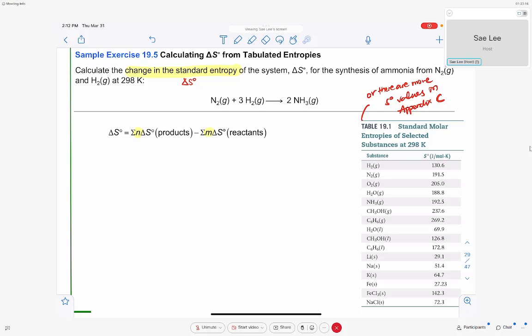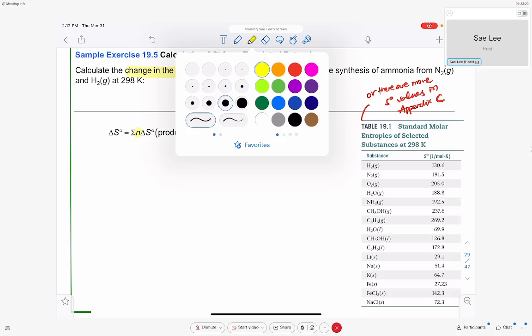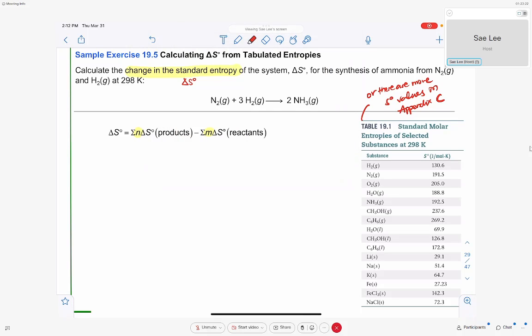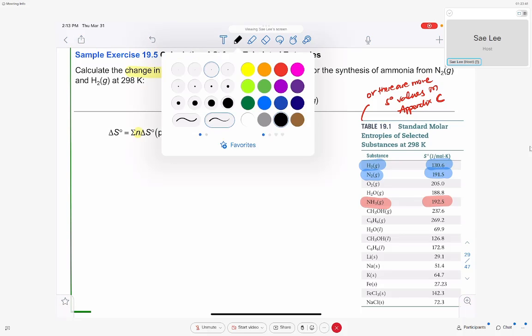As for the product, we have ammonia. Standard entropy of ammonia is 192.5 joule per mole Kelvin. As for the reactants, we have nitrogen and hydrogen gas. The entropy values are 191.5 and 130.6. Let's plug in these values.